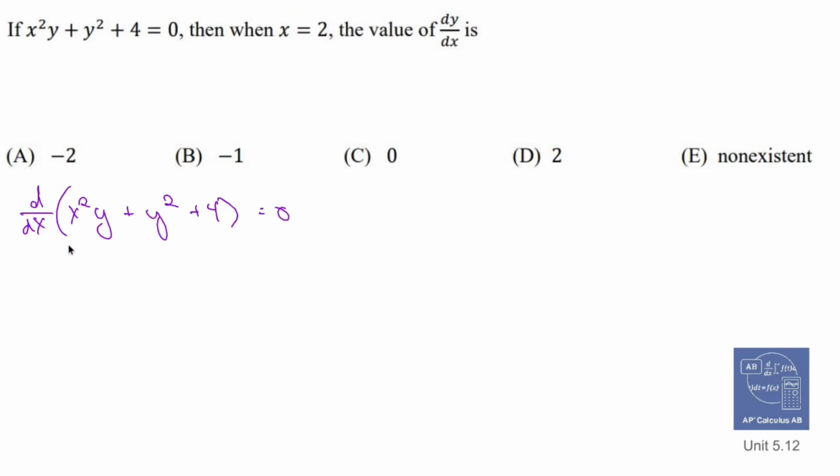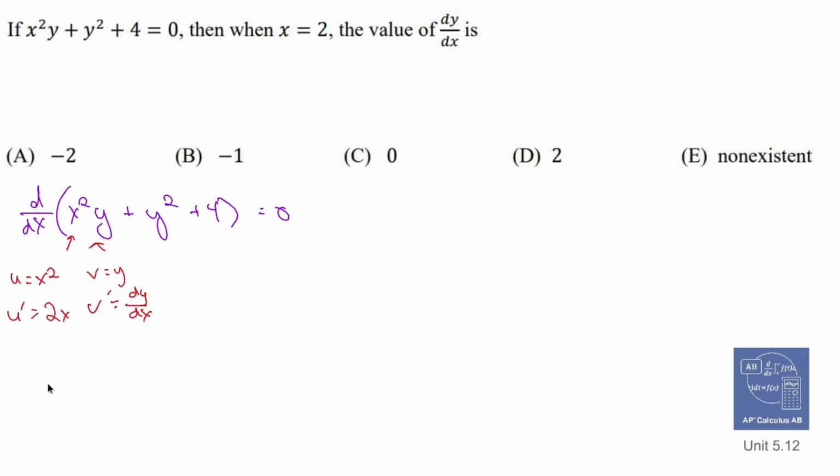So this involves the product rule. So u is x squared, v is y. U prime means taking the derivative with respect to x of x squared, which is 2x. The derivative of y with respect to x is 1 dy dx. Now that's v prime.